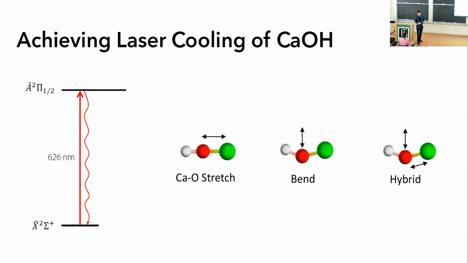But how do we actually go about achieving laser cooling of these molecules? Now we have a few additional degrees of freedom that we need to talk about. If you look at a polyatomic molecule like CaOH, you'll see that you have a CaO stretch mode. This is very akin to the vibrational modes you had earlier in your diatomic molecule. But now you also have a bending mode, as well as some hybrid mode of a combination of stretching and bending.